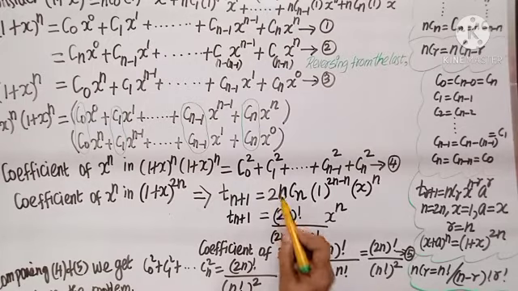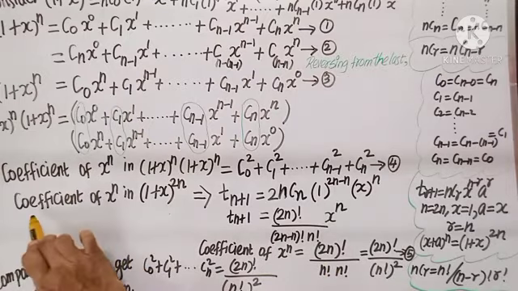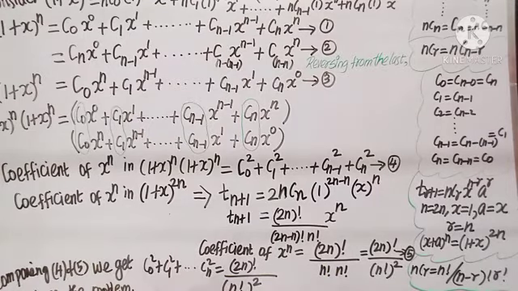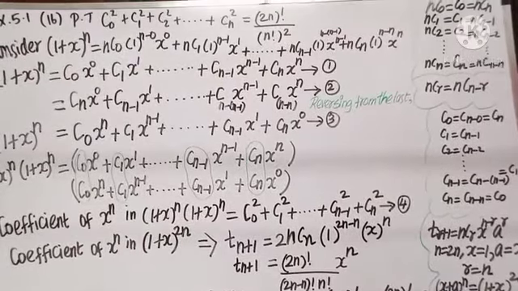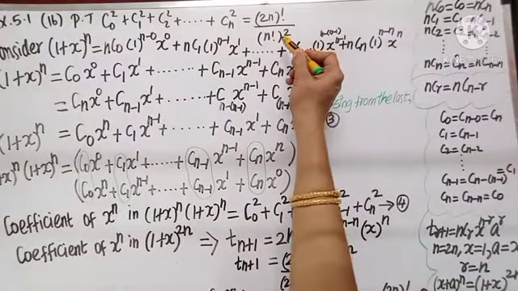Here (2n) factorial by (2n minus n) factorial into n factorial x^n. But I need only the coefficient of x^n. So consider only this term, that is (2n) factorial by n factorial into n factorial, which is the RHS of the question.